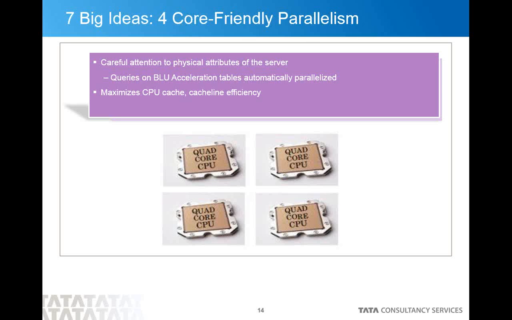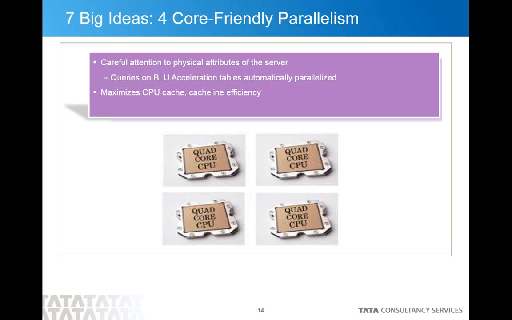BLU acceleration is designed to access data on disk very rarely, access RAM occasionally, and do most of the processing from data and instructions that reside in the CPU cache. So we don't want to retrieve the data from disk again and again.